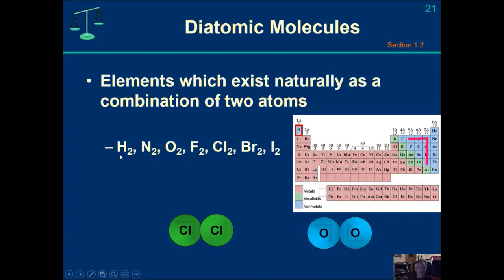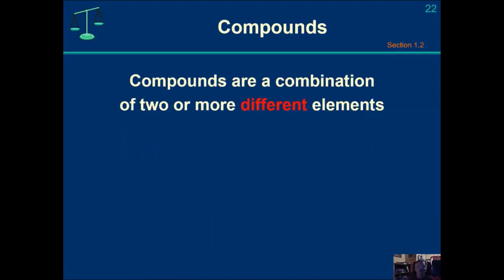I told you there are 7 diatomic elements, and they make the number 7 on the periodic table. I know there's only 6 here: 1, 2, 3, 4, 5, 6. You have to add hydrogen. Please know them. Know that sulfur and phosphorus and silicon and aluminum are not diatomic. These are the diatomic elements for which you're responsible.